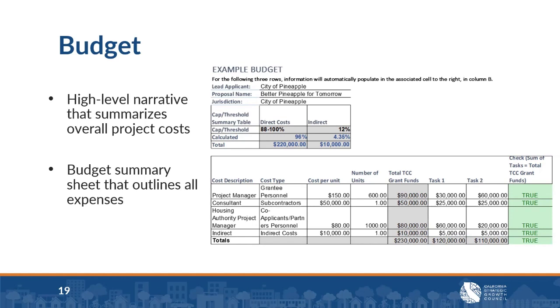There is an indirect cost rate cap, I believe. There are other caps and other requirements that you just have to make sure that you fall within those requirements. And again, the budget template that we do give you, or that's part of the application materials, helps you navigate all that as well.